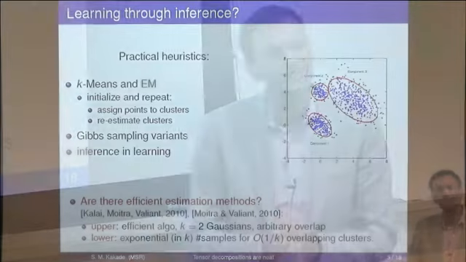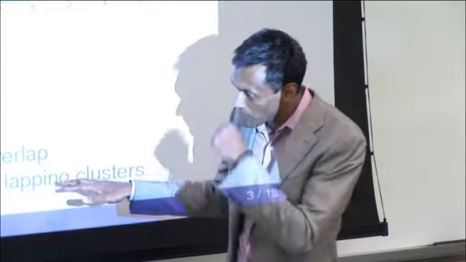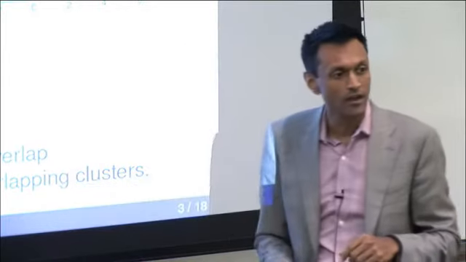But k was 2, so you can easily be exponential in k, where k is the number of Gaussians. There's kind of a search-based procedure on a line. Subsequent to that work, there's some really nice follow-up work by Ankur and Greg, which in a sense was a negative result, where they showed it seems like you actually need a number of samples exponential in k to learn a mixture of k Gaussians.